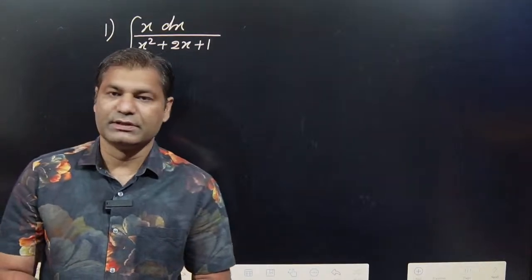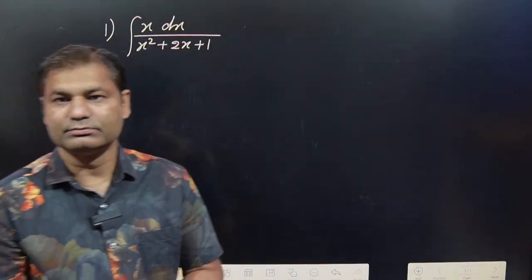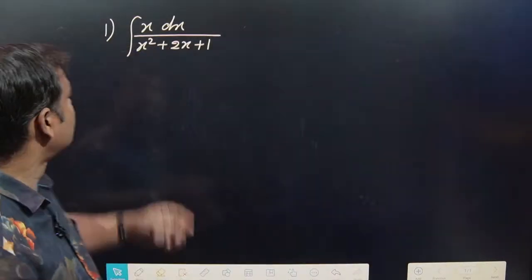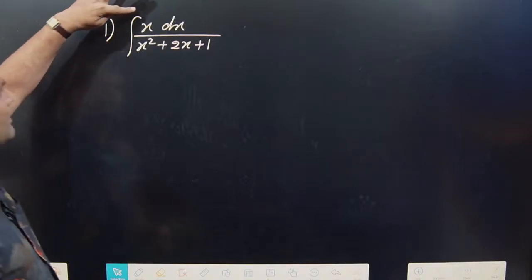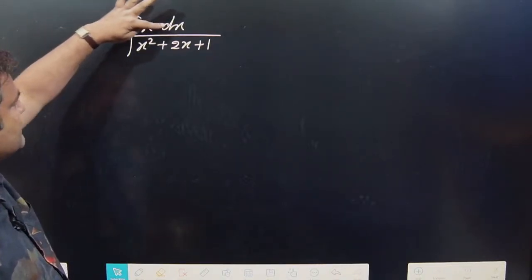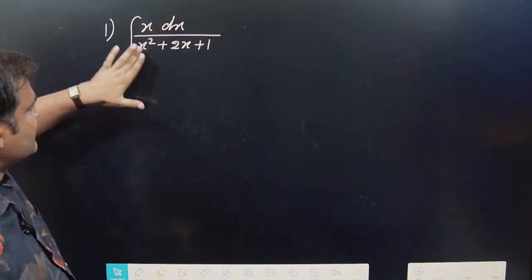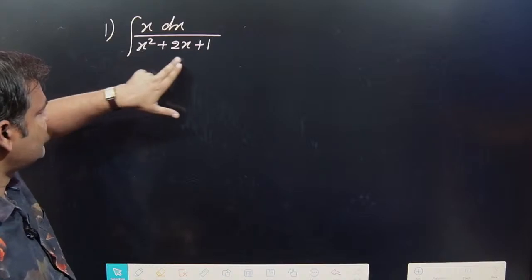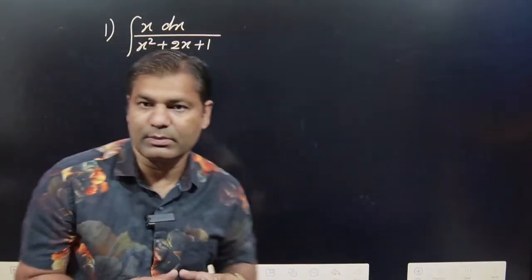Now today we'll focus on exercise based problems on integration. Here, the definite integration of x dx divided by x square plus 2x plus 1. How can we solve this type of problem?